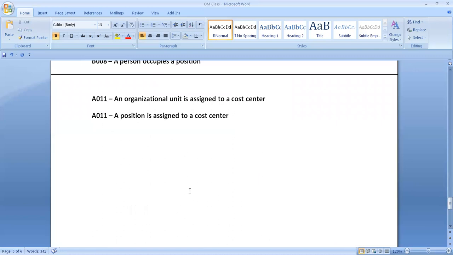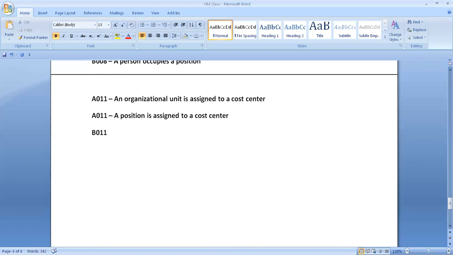You are not maintaining B011. Our system is not automatically maintaining B011. We are not using B011 in any projects. In real time also, you will not use B011. But the question is, does it exist at all? Does the B011 relationship exist?